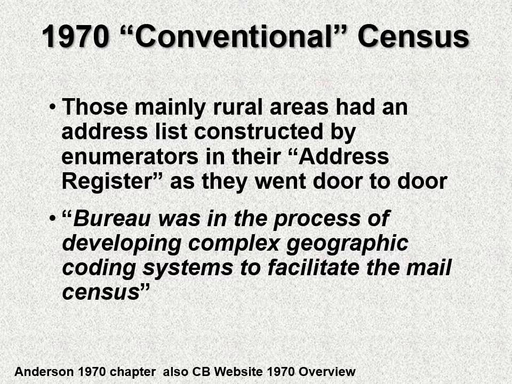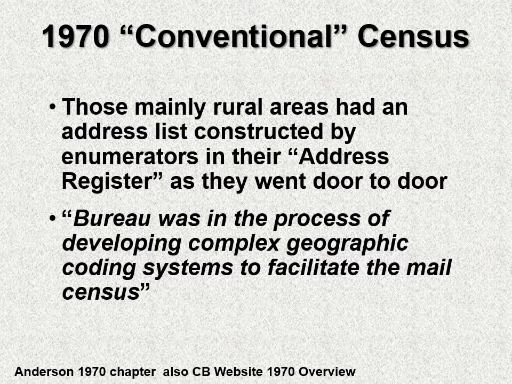Those mainly rural areas had an address list constructed by enumerators as they went along in something called an address register. And the address registers were very important because they not only had lists of people there, they also had things like callbacks, respondent addresses, and other logistics. So this is something we're not going to be able to see, but it was an important aspect and set up future censuses, especially in rural areas.